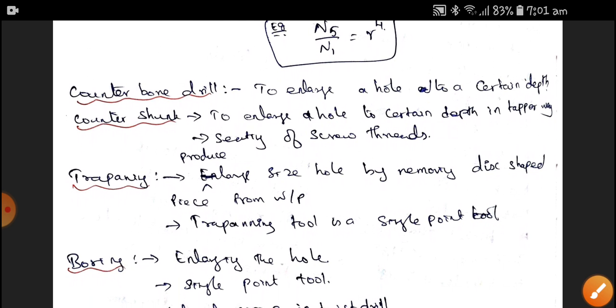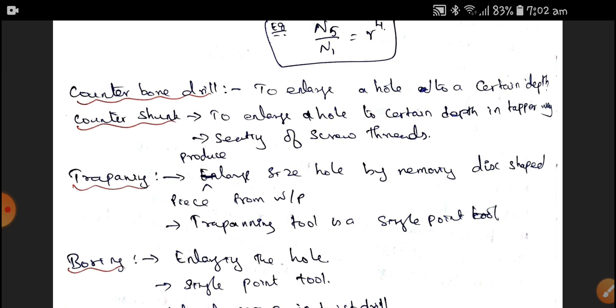Next is trepanning. Trepanning is an interesting phenomenon. Here in the trepanning process, we are going to use a single point cutting tool. Without core drills, a huge diameter hole can be produced by means of a trepanning tool, to produce a large size hole by removing a disc shaped piece from the workpiece. A disc shaped piece.